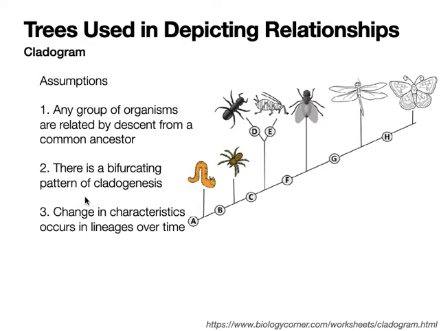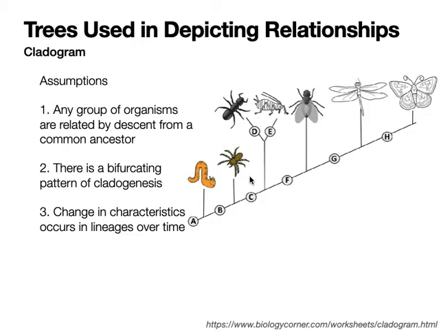So assumptions of cladogram, it's any group of organisms that are related by descent from a common ancestor. In this case, yung ancestor can be here, no, rooted. So all other organisms here are hypothesized to have originated from this common ancestor. And you can also see that there is a bifurcating pattern of cladogenesis.